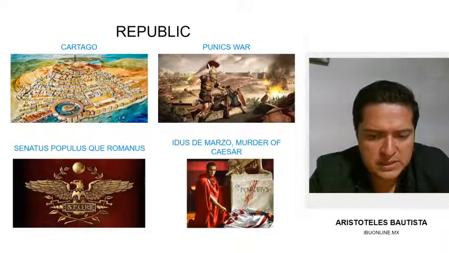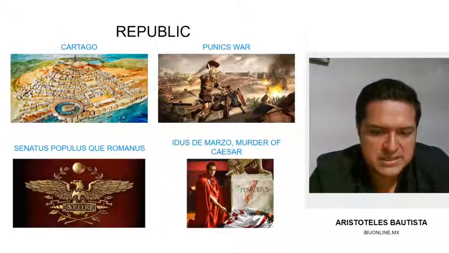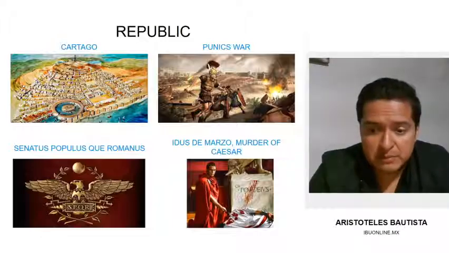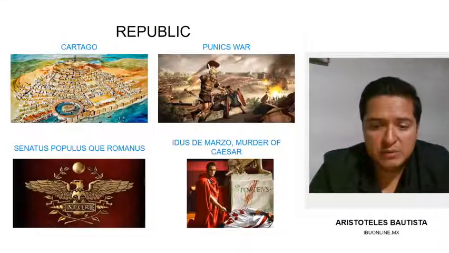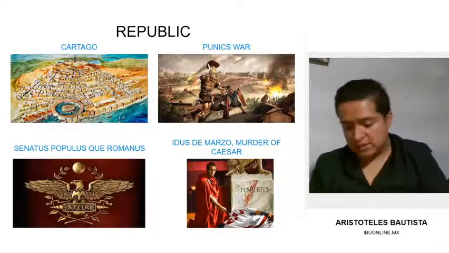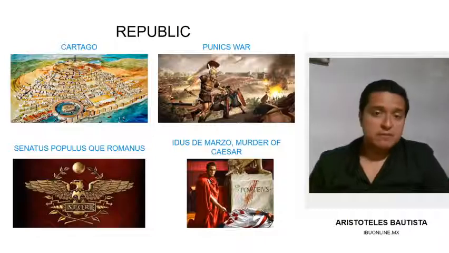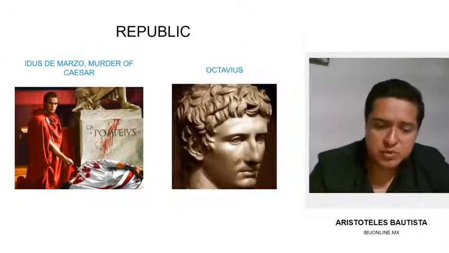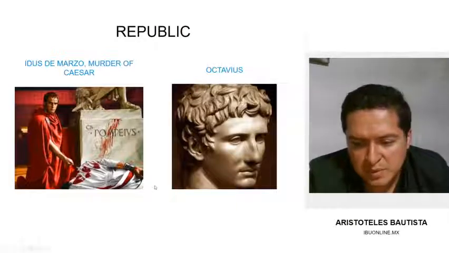Well, that was a big mistake because his adopted son became the first emperor. Who was this guy? Well, the guy who became the first emperor of Rome was Octavius.